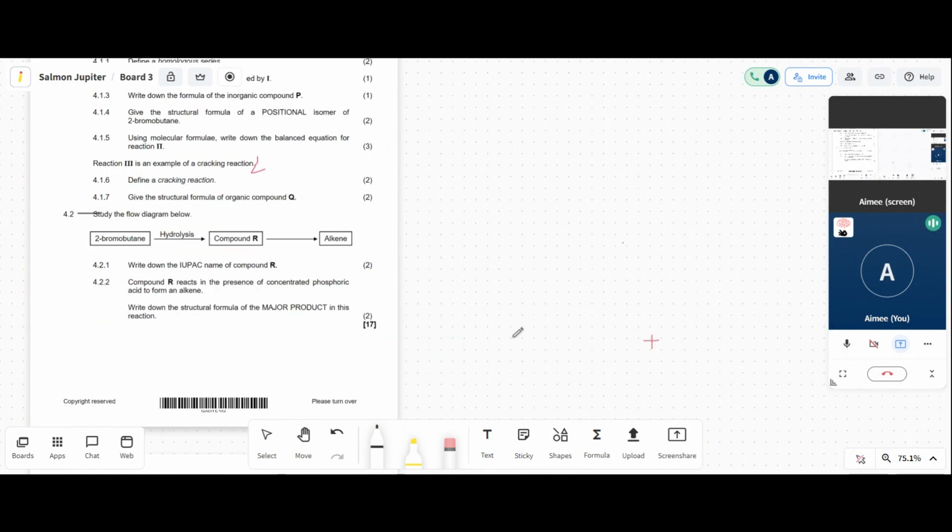Okay, let's keep going. Let's do 4.2.2. Compound R reacts in the presence of concentrated phosphoric acid to form an alkene. Write down the structural formula of the major product in this reaction. Okay, so this is going to be an elimination reaction because you're turning something that only has single bonds into something that has double bonds.